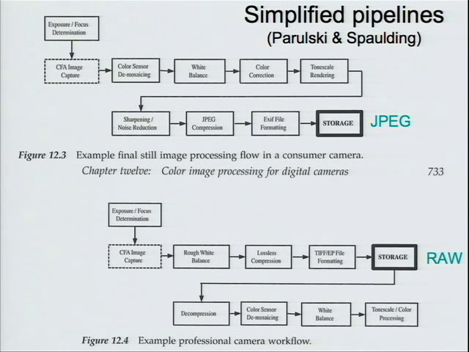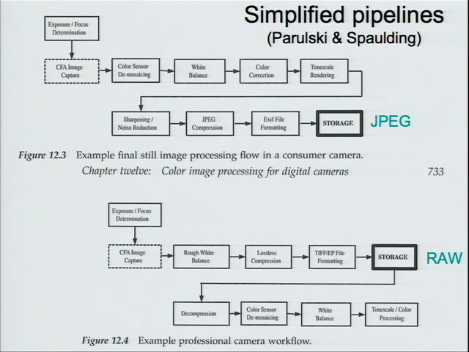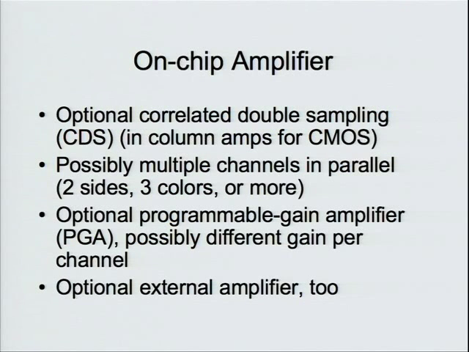But in terms of what the processing is to make a picture, it's more or less equivalent in the two cases. There's a lot of optional steps, and the number of steps in a typical pipeline is actually greater than what you see here, and the professional cameras are likely to have more steps than the consumer cameras and so on. So we'll get into what some of those other steps are.